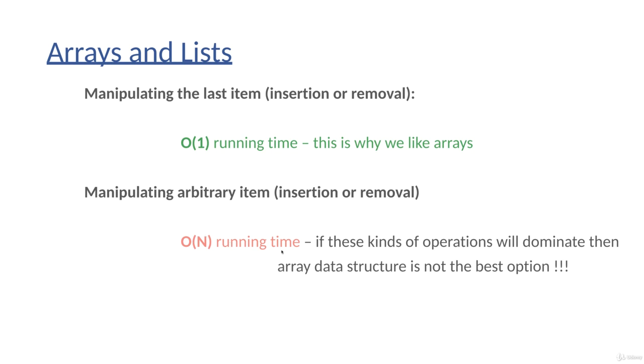So if these kinds of operations will dominate in our application, then the array data structure may not be the best option possible because of this linear running time complexity. We can do better than linear running time.